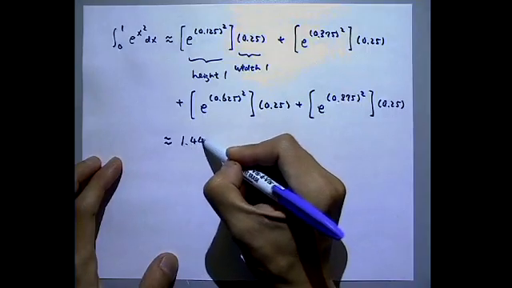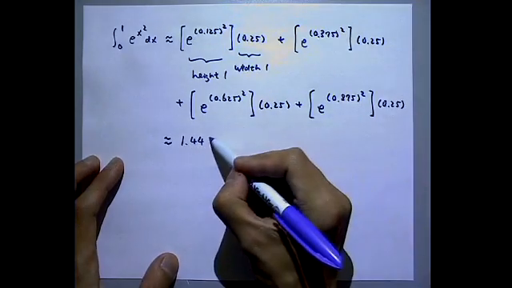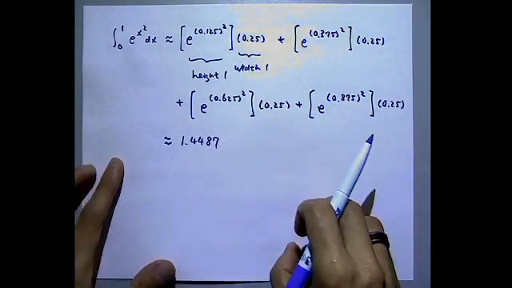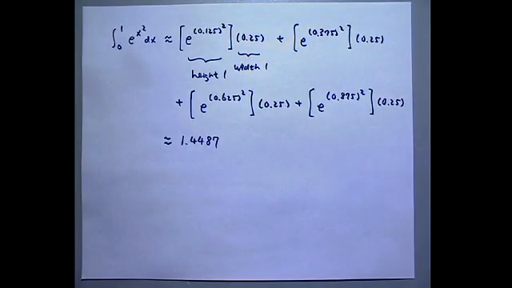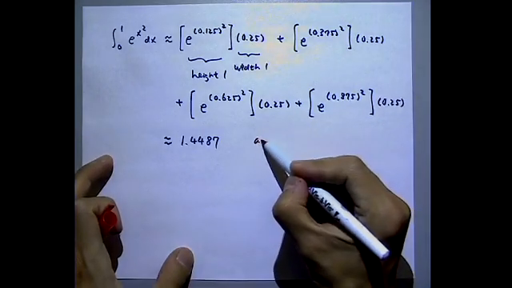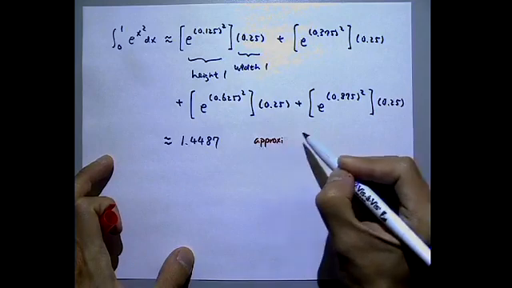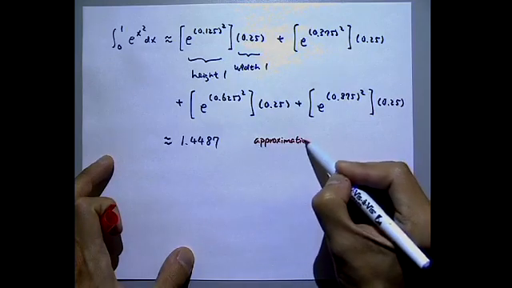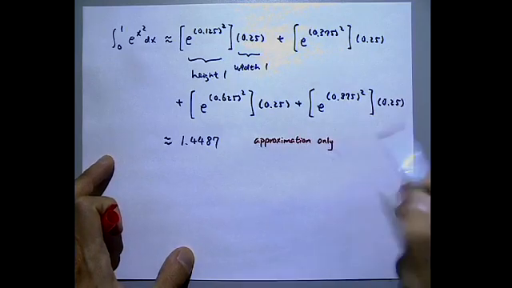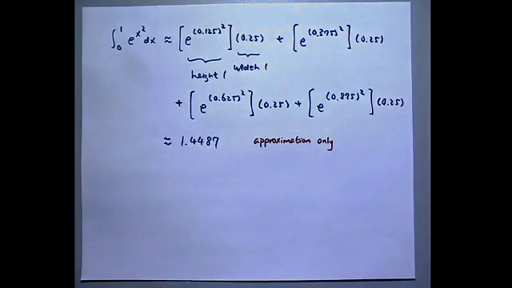It's 1.4487, there and about. Okay, so that's an approximation, remember. But based on the picture we drew earlier, it's probably going to be not so bad.